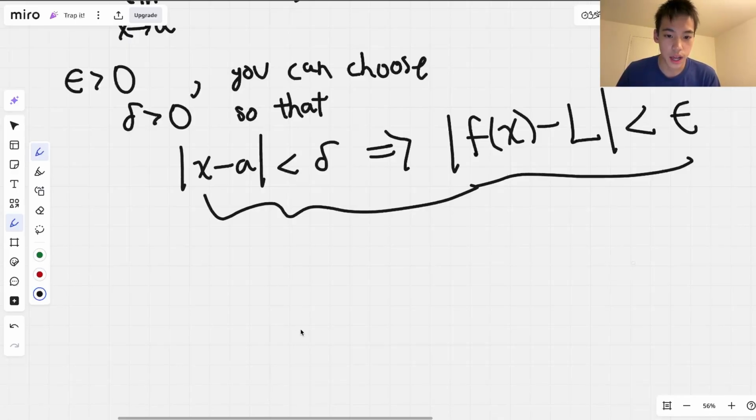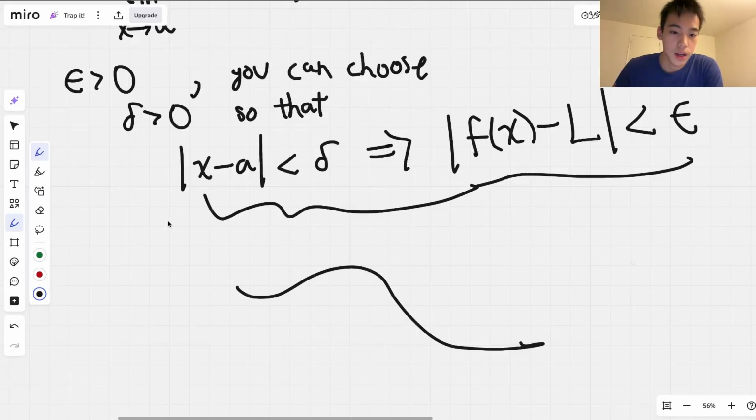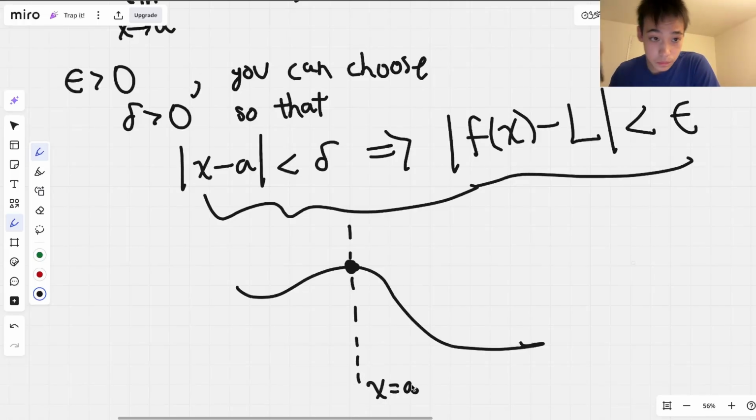Okay, so I'm going to give you a function here, and let's suppose I want to approach this point at x equals a. So this vertical line is going to be x equals a. Simple enough.